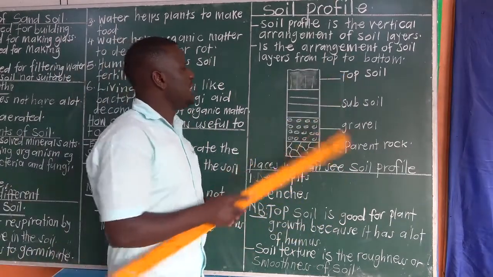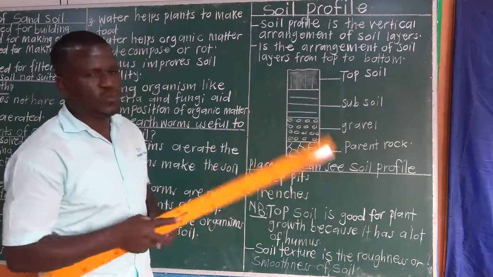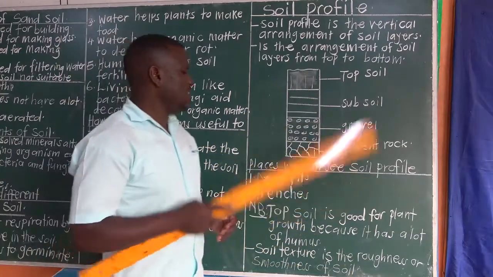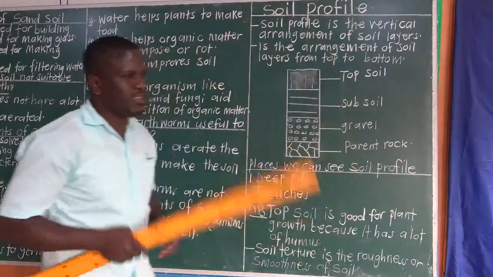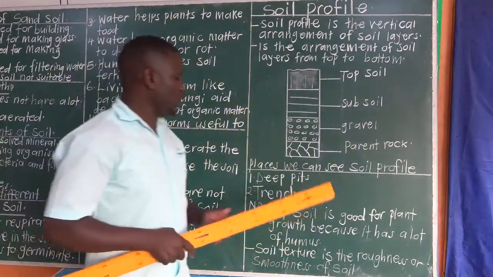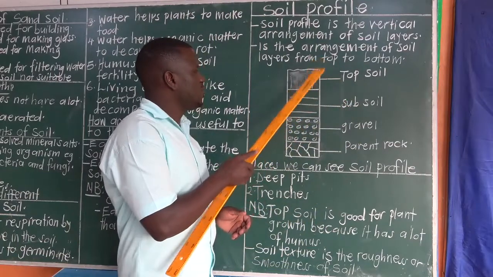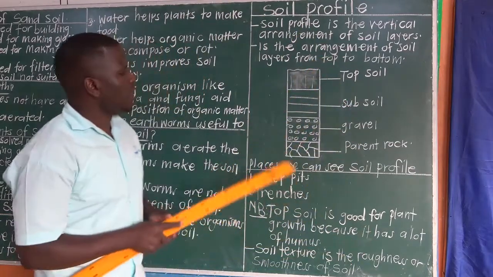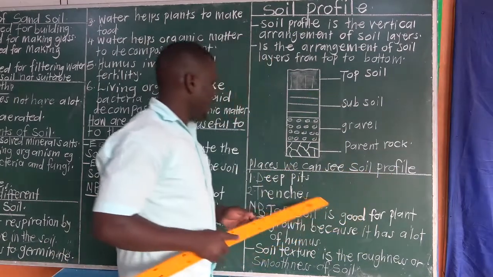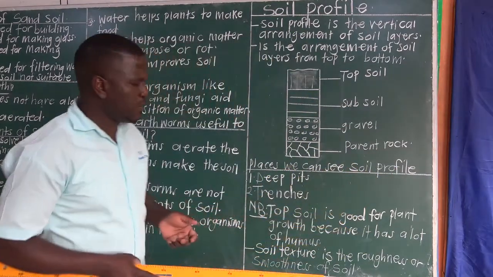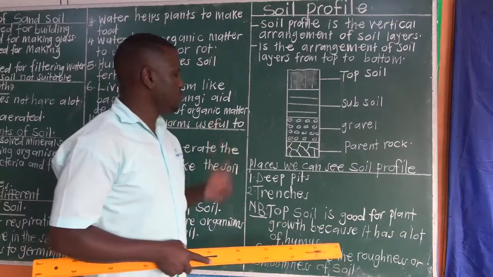The top layer is called topsoil, and topsoil is suitable for plant growth because it contains a lot of humus. Then places where we see soil profile, in deep pits. Some people say in newly dug pit latrines.